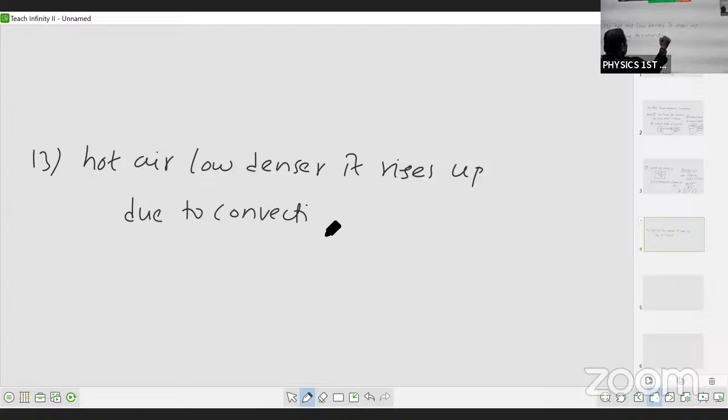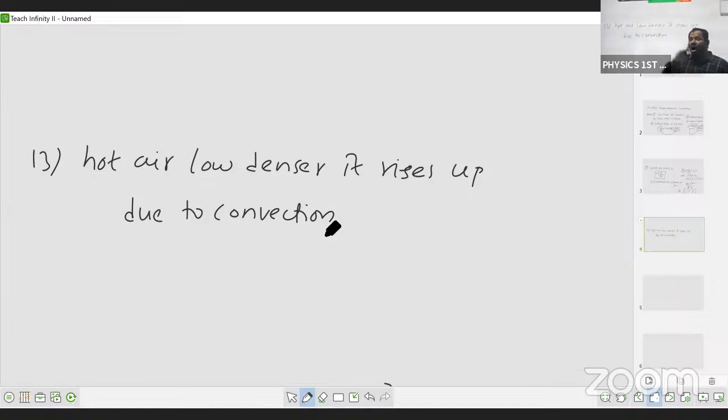Enough, this is the answer. Due to convection, because there are a total of three modes in the transfer of heat. Heat transfers between substances in three ways. I already gave this a 4 marks explanation. Conduction, convection, radiation. Convection means fluids. So hot air goes out from the ventilators due to the convection phenomenon.